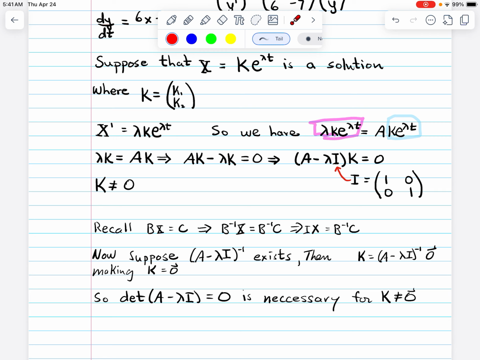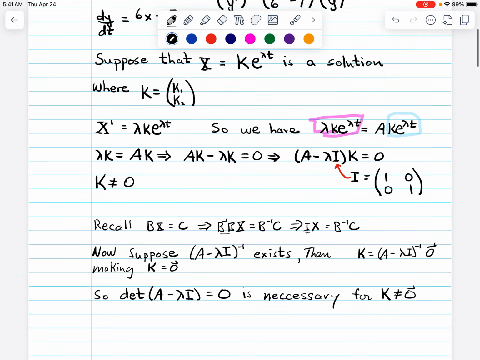Now notice I left off something here. I've got B, and here I've got B inverse. So I multiply both sides by the inverse of B. And then over here, this B inverse B becomes just the identity matrix, and I've got X equals B inverse C. And there you have it. You have solved for X.